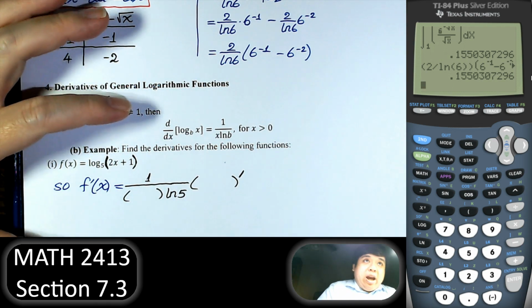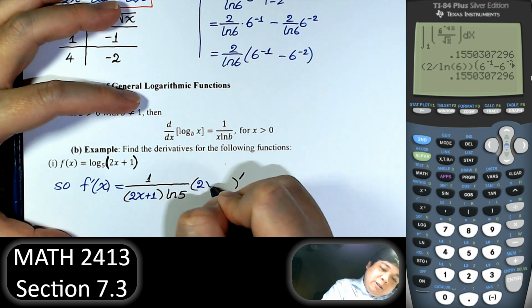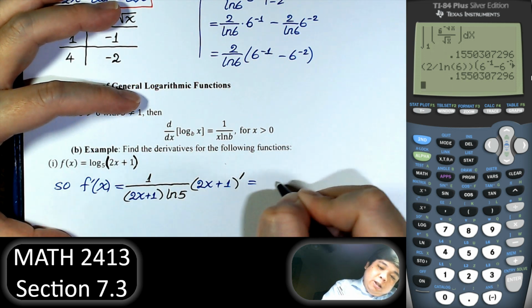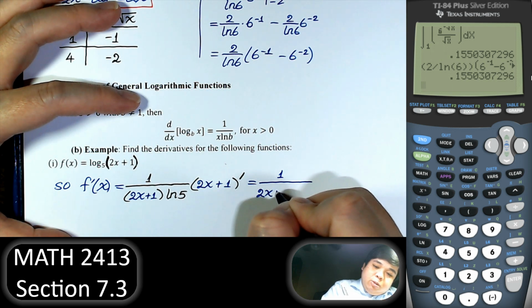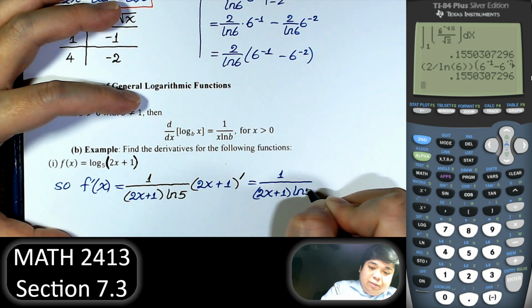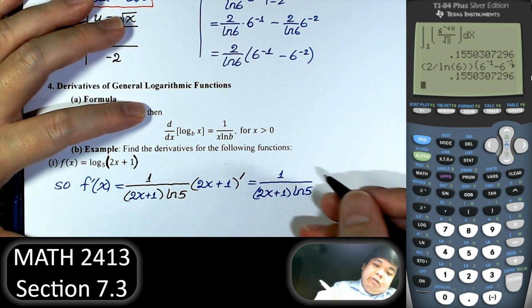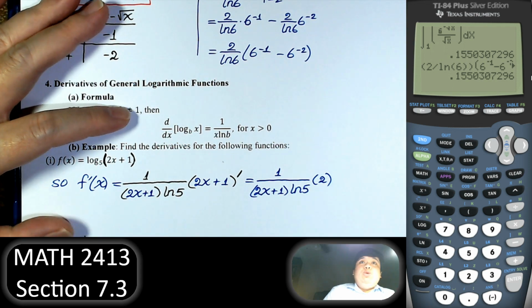It just happens that we have 2x plus 1 there. So we have 1 over 2x plus 1 times ln of 5, and then the derivative of 2x plus 1 is 2, and we just put the 2 on the top.